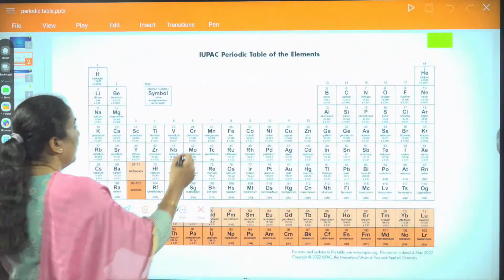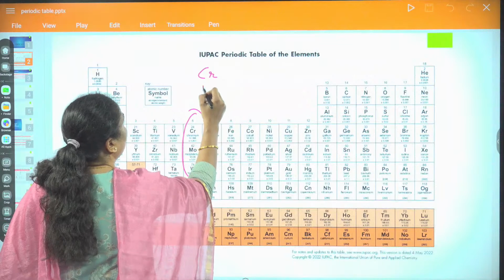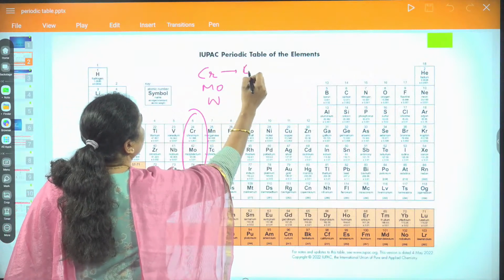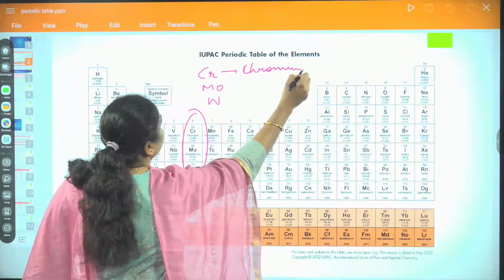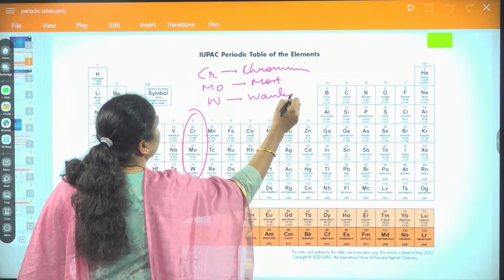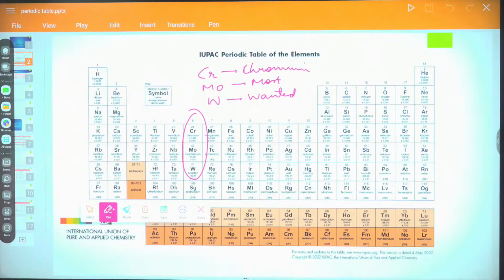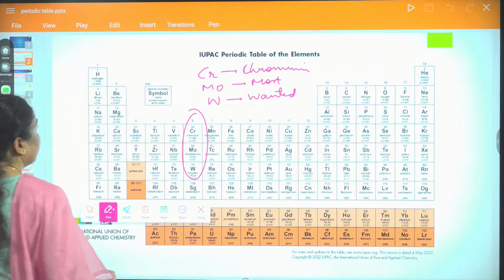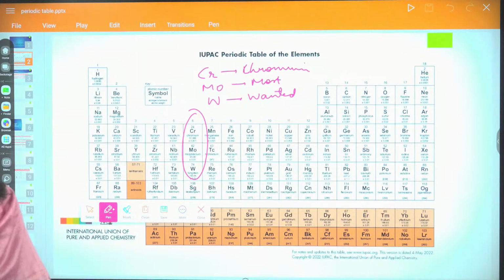Then, next, chromium: "most wanted". Chromium most wanted, right?